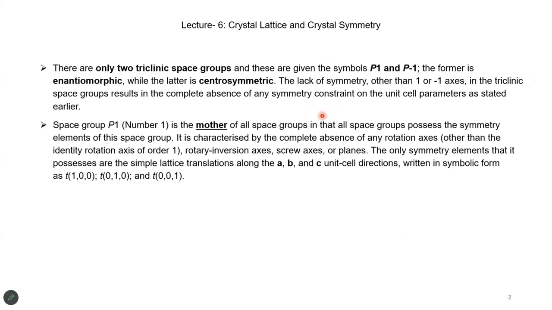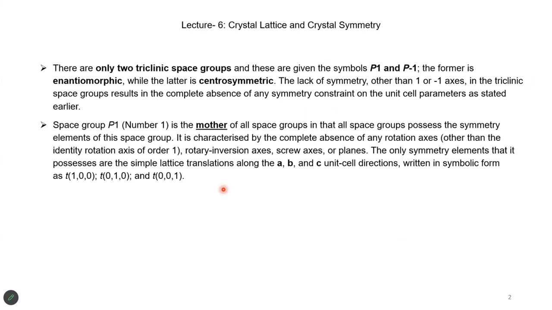So of these space groups, if we take a few examples and explain them properly, then with this knowledge and some specific rules, those who are interested can consult themselves and learn more about space groups.